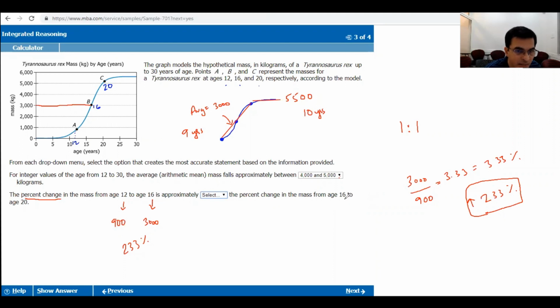So 16 is again 3000. We already know that. And 20 is becoming roughly 5200. So again on the calculator you perform such a division and let us see how much we get.